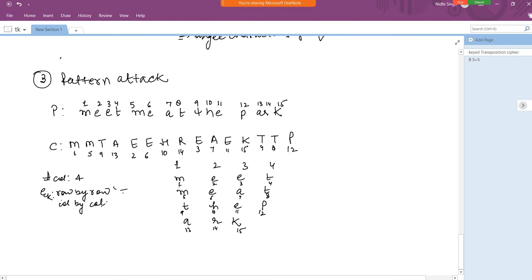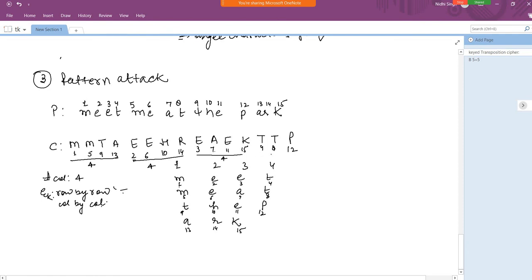Now identify the pattern. From 1 to 5, what is the difference? That is 4. From 5 to 9, the difference is 4. 13 to 9, the difference is 4. The difference starts again from the next block. From 2 to 6, the difference is 4. So over this block, the difference is 4. Over this block, 2, 6, 10, and 14, the difference is 4. Then 3, 7, 11, and 15, the difference is 4.